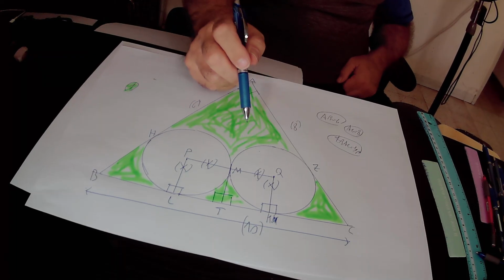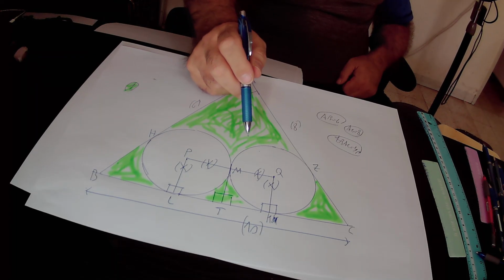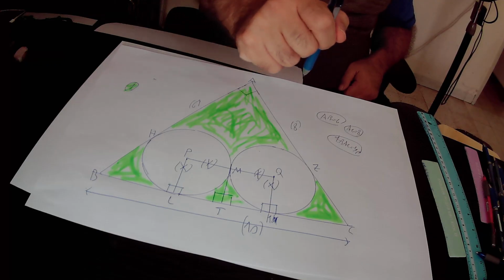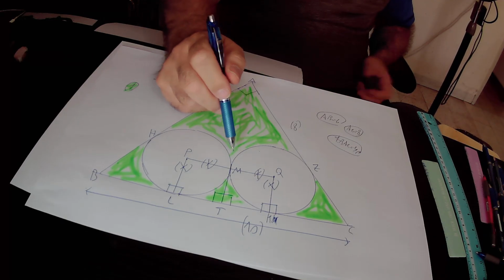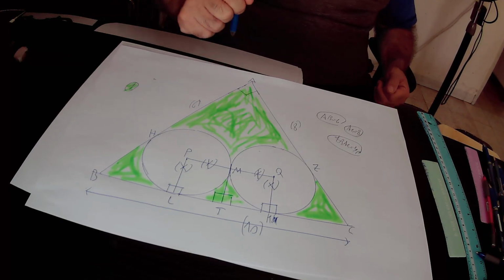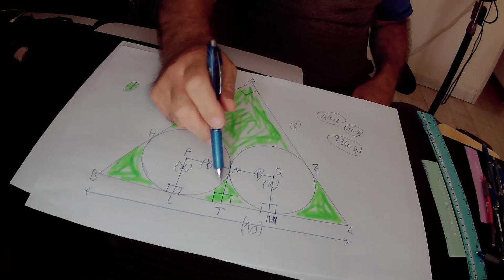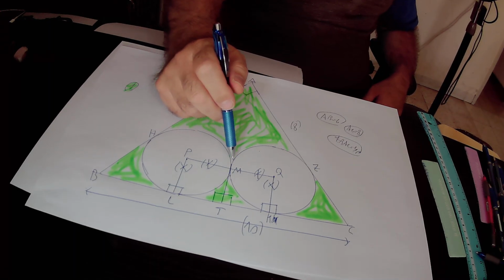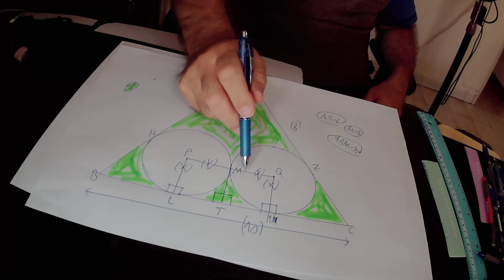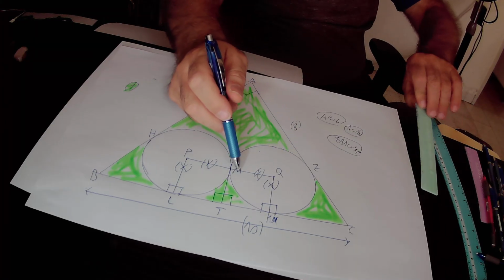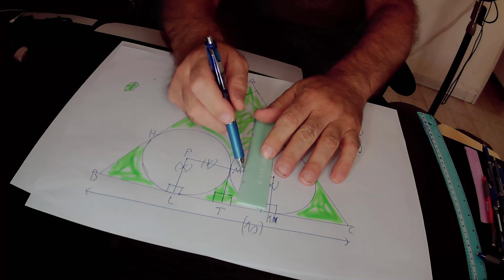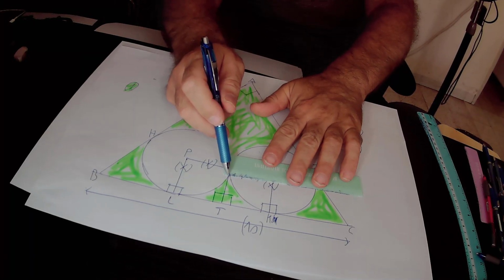The radius QM, equal to x, is drawn to point M, the point of tangency of tangent TM with this circle. And when a radius is drawn to the point of tangency, the tangent TM is perpendicular to the radius MQ. If TM is perpendicular to MQ, this angle equals 90 degrees according to rule 1.